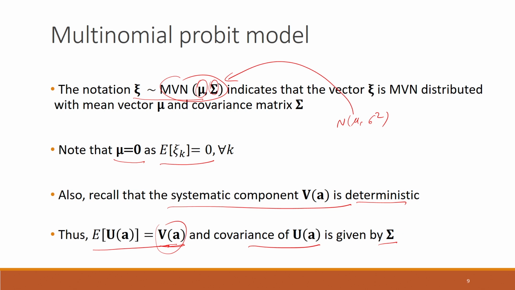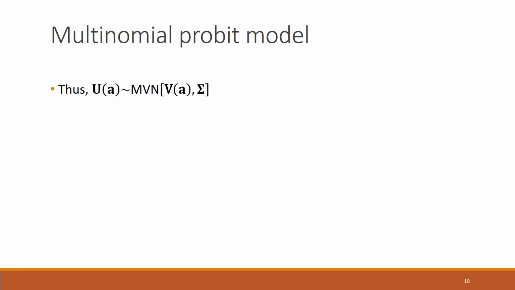So, what we can write in short is that this utility vector is a multivariate normal distribution where the mean is given by the systematic or deterministic component, and the covariance matrix is equal to the covariance matrix of the error term.